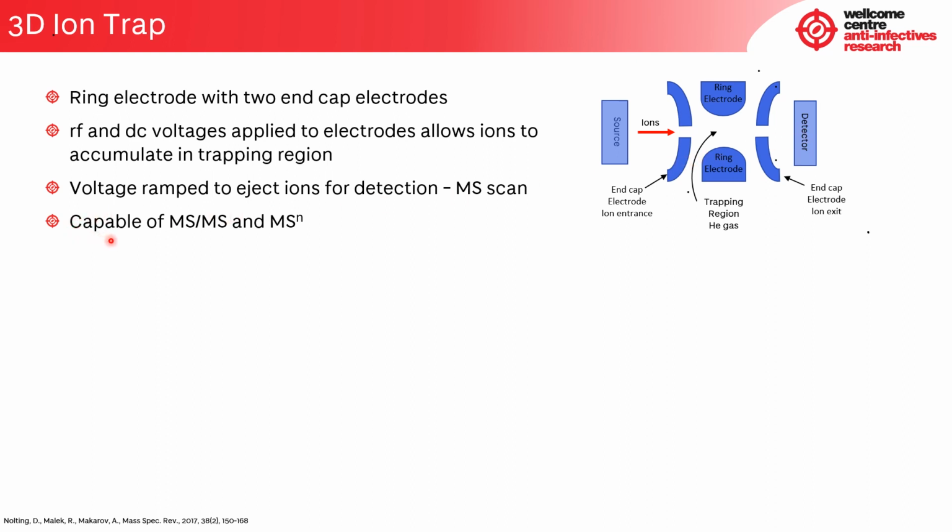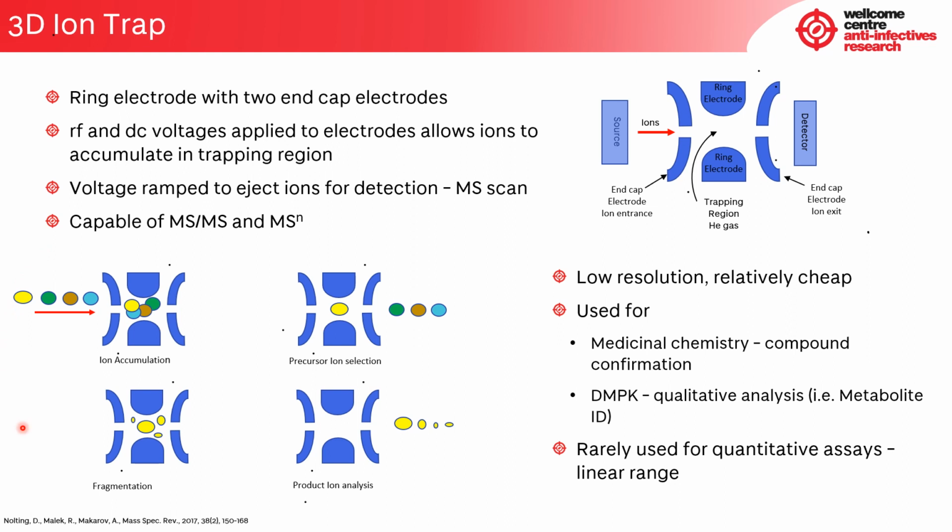Ion traps are also capable of MSMS and indeed MS to the N operation. This cartoon at the bottom of the slide shows how the ion trap works in MSMS mode. Ions of different mass to charge represented by the different colors accumulate in the trapping region. At a certain point, when sufficient ions have been accumulated, all the ions are ejected from the trap apart from the one that we're interested in, the precursor ion.